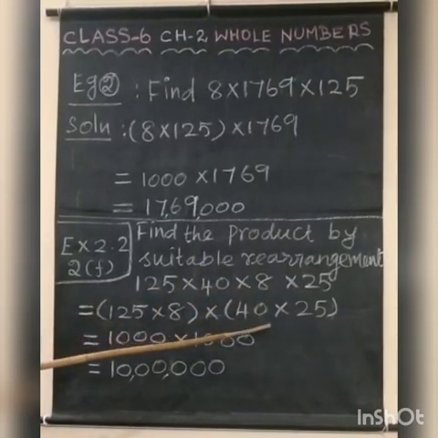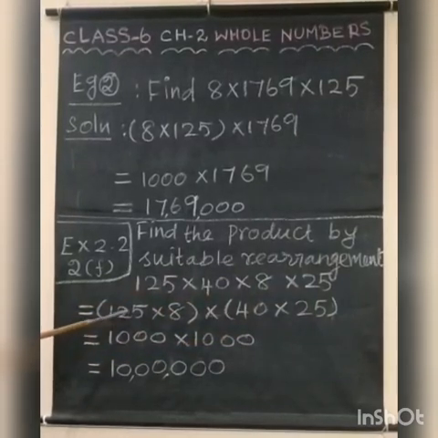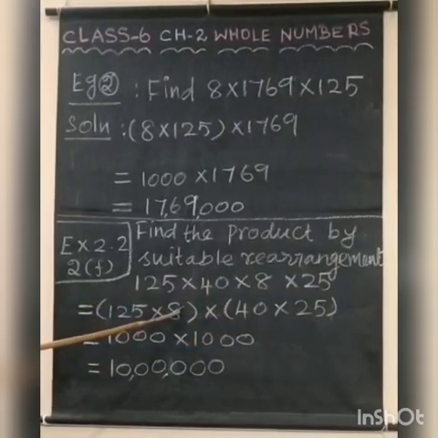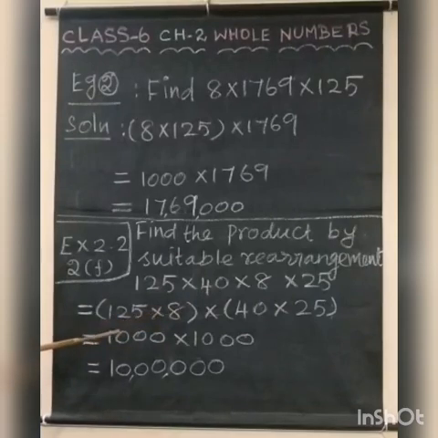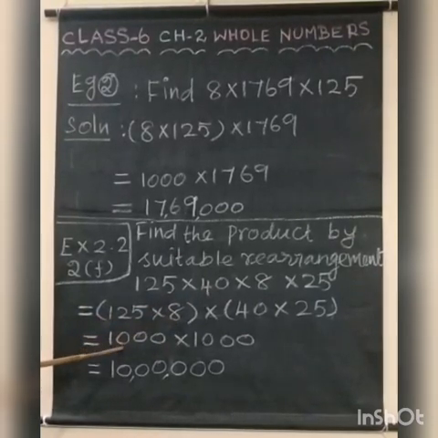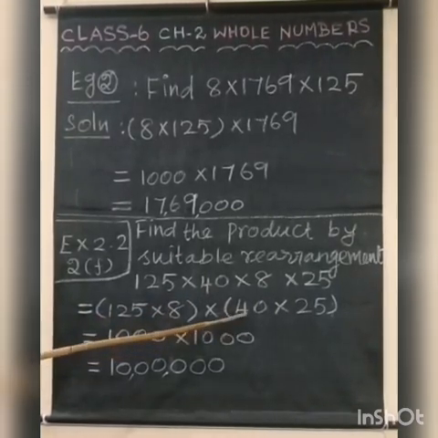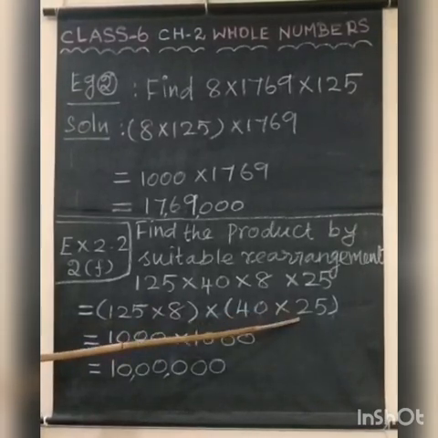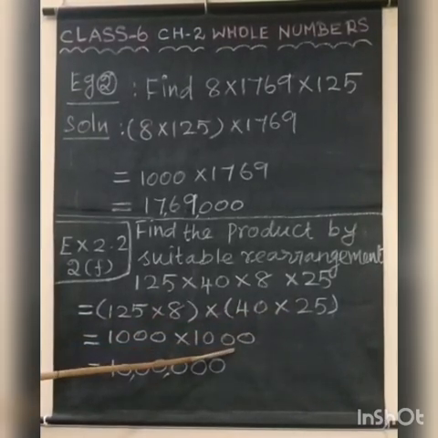Here we have two groups. First 125 multiply 8 is 1000. Then 40 into 25, here we are getting 1000.